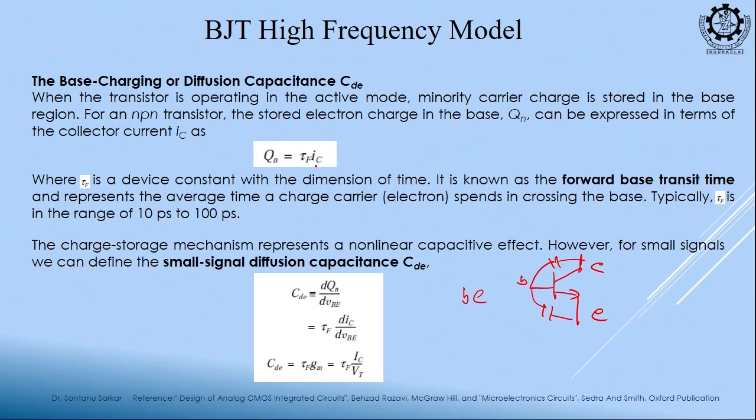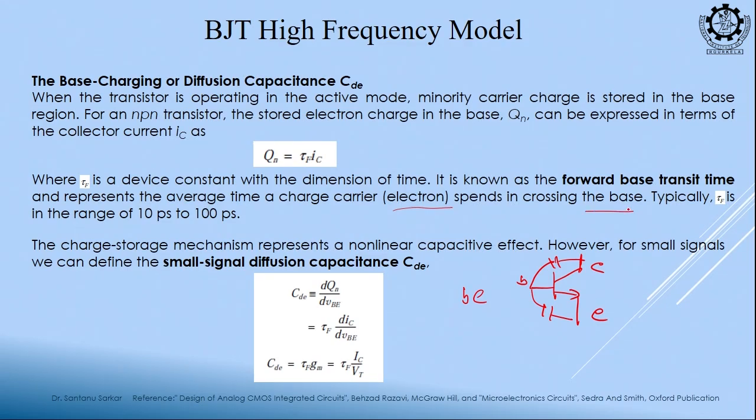Here one term, tau f, is defined. Tau f is a device constant with the dimension of time. It is known as the forward base transit time and represents the average time a charge carrier spends in crossing the base.